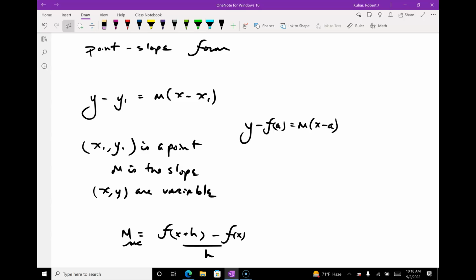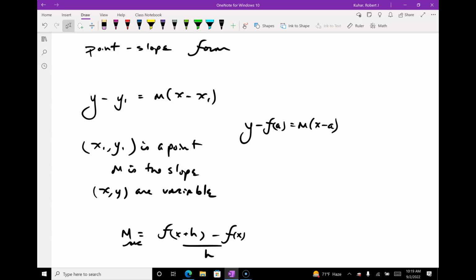Remember, this is two points on the curve. So the function is the curve, the secant line is a straight line through two points on the curve. So we're going to use the secant right now just to predict the tangent slope.